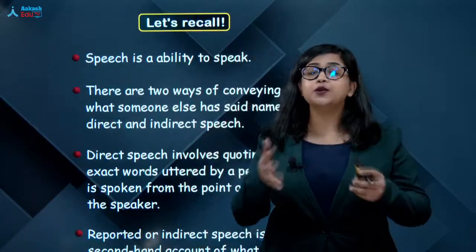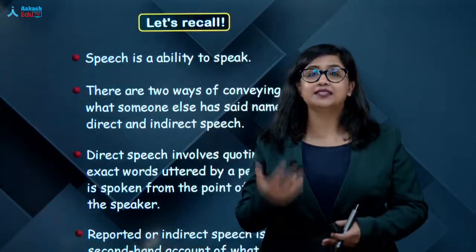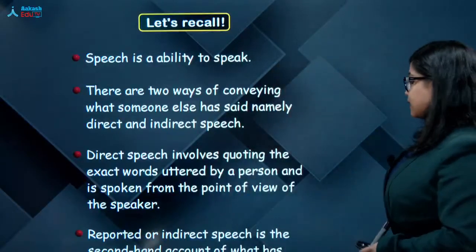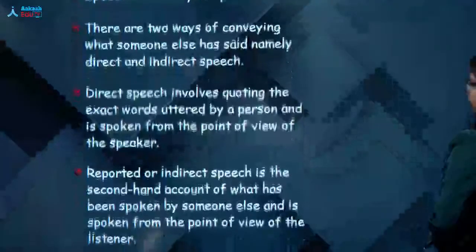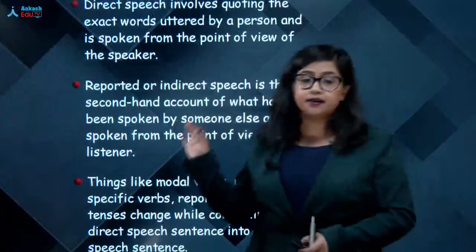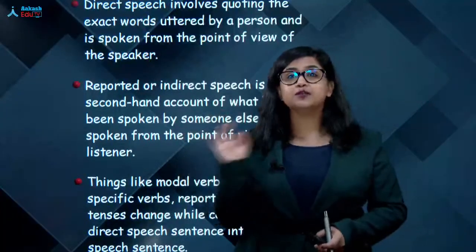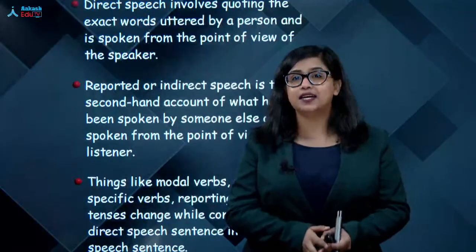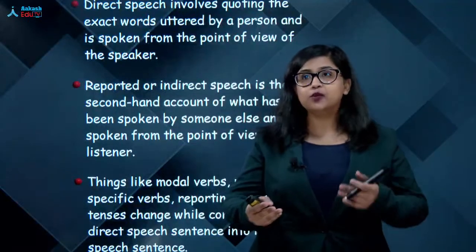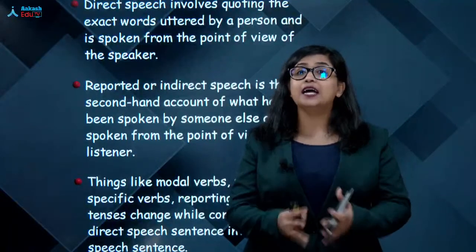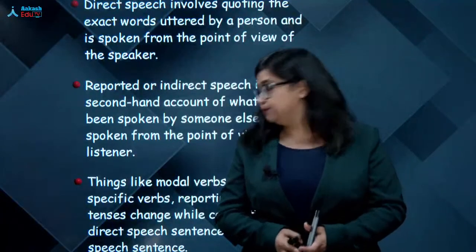After that, you have reported speech, or as we say, indirect speech. So what is indirect speech? Indirect speech is basically the second-hand account of what someone has said. When you summarize in your own words what someone has said, that is indirect speech.